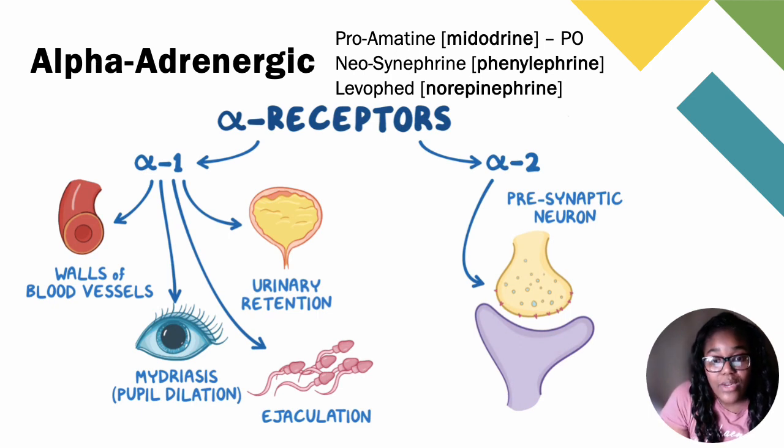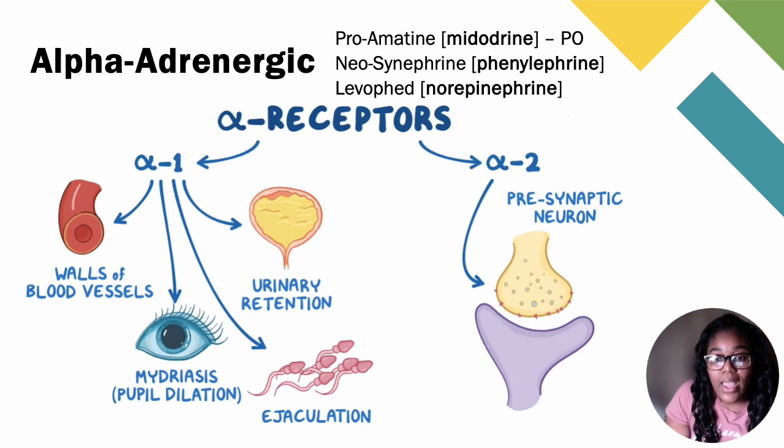Now we have phenylephrine and norepinephrine. These are IV versions of an alpha adrenergic. And again, they specifically work on the blood vessels. They work with your pupillary dilation, and they work on urinary retention. Your alpha 1 receptors work on these things.